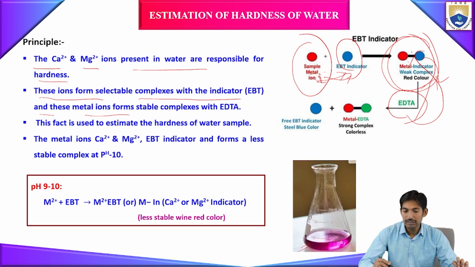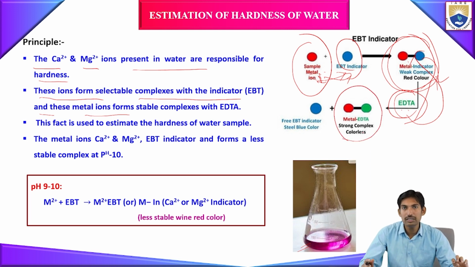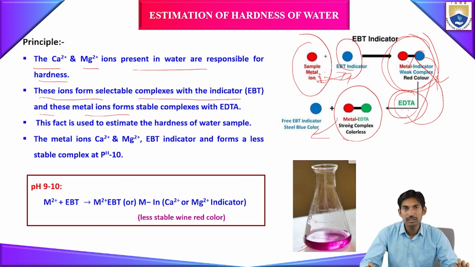The metal and EDTA form a stable complex, because EDTA is a hexadentate ligand. So if you add EDTA, the indicator comes out and EDTA forms a strong complex with the metal ions, and it releases free EBT indicator.